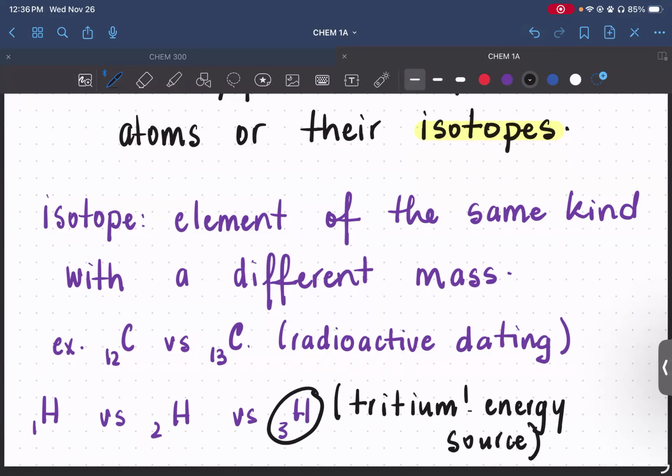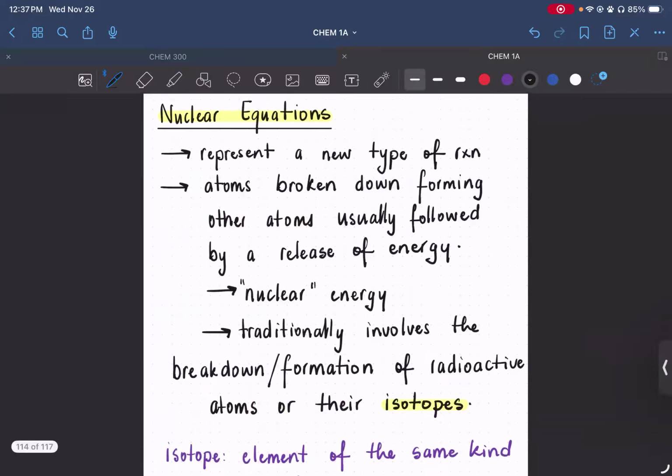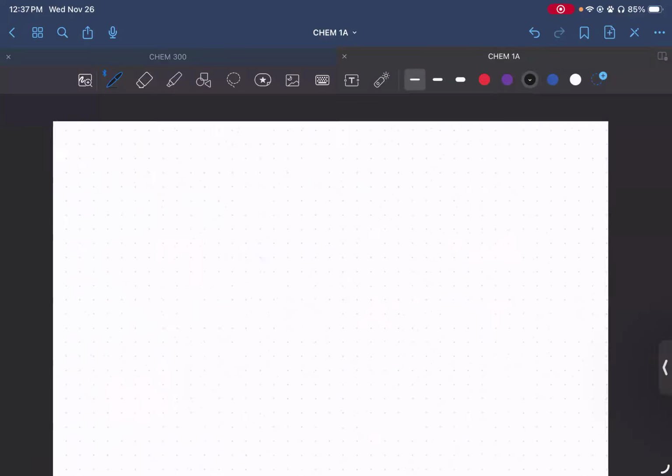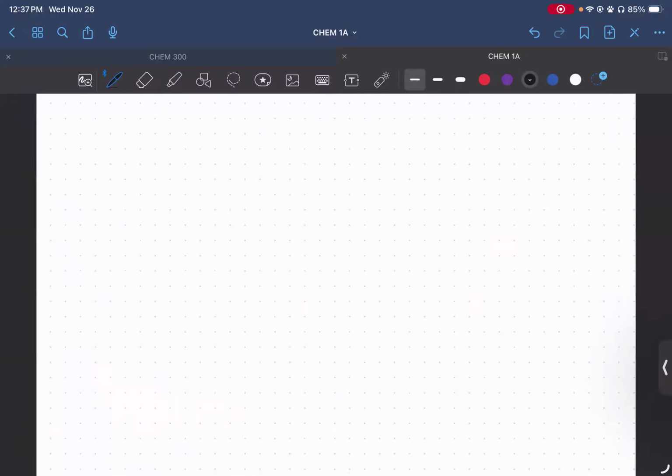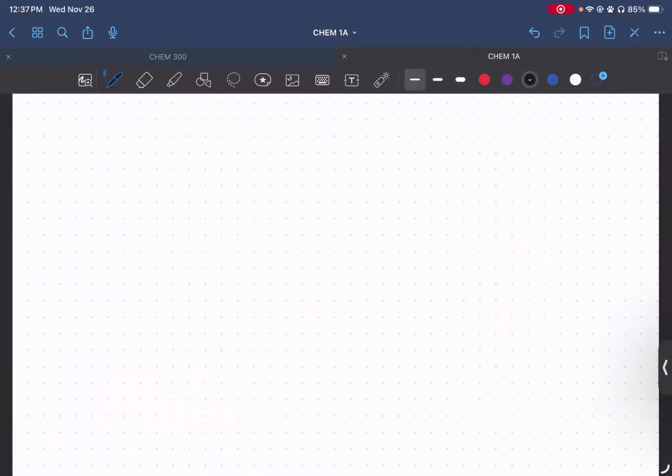And now that makes a little bit more sense as a radioactive isotope. Its breakdown results in a huge amount of energy, nuclear energy to be specific. There are 4 types of nuclear equations.